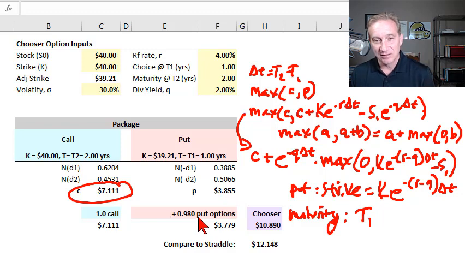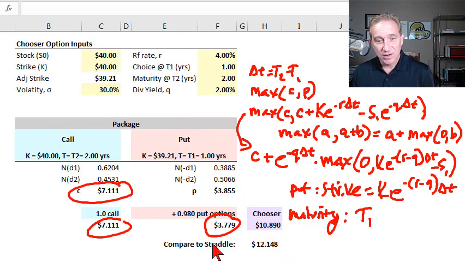We have slightly less put options because there's a 2% dividend yield, so the value of that put component of our package is just less than $3.78. So this is the package. Adding these together gives us the value of the chooser option. That's my price of this chooser option, just about $10.90.